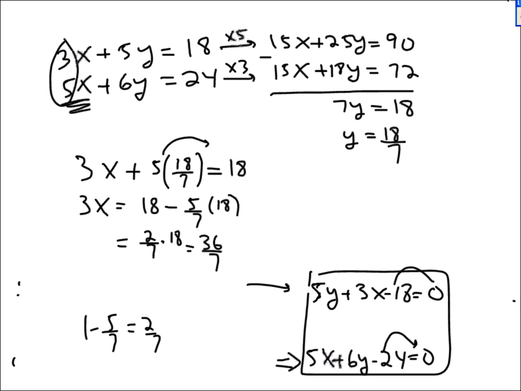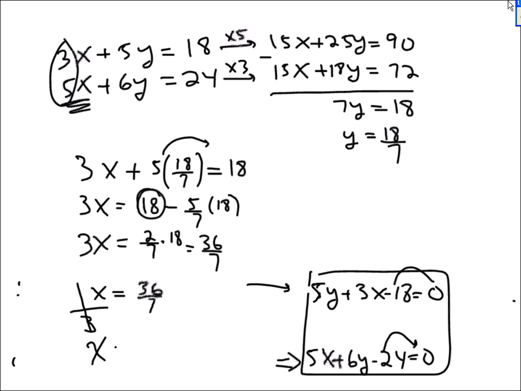Why do I like that? Because I didn't have to multiply this by 7. I wasn't looking forward to that. So you have that 3x is equal to 36 over 7. It's very friendly to divide the left side by 3 to get x alone.